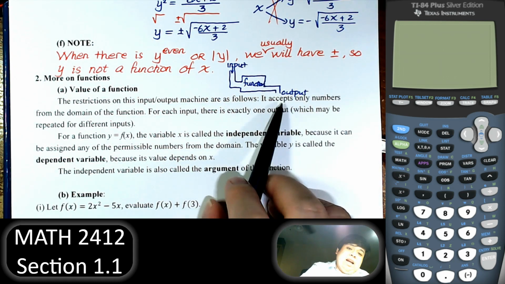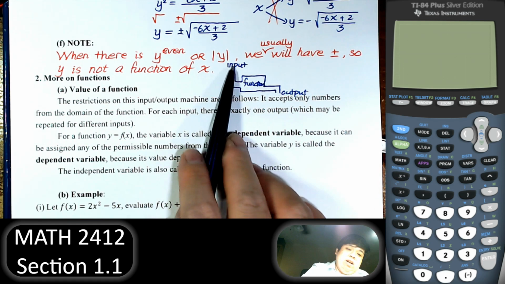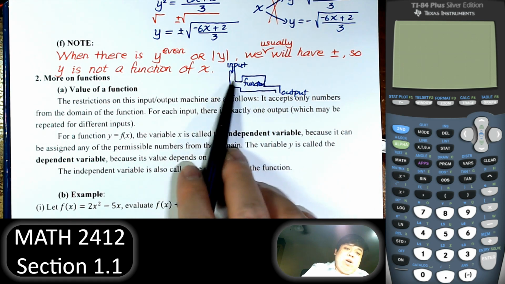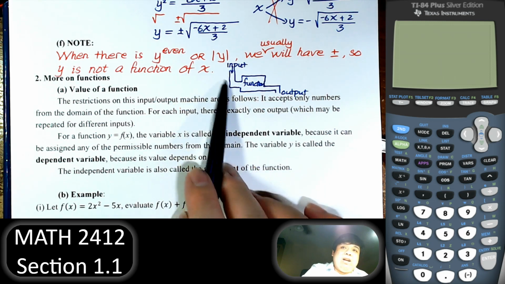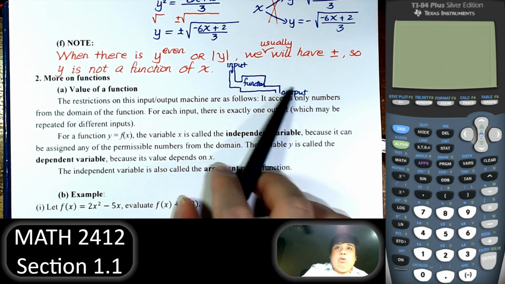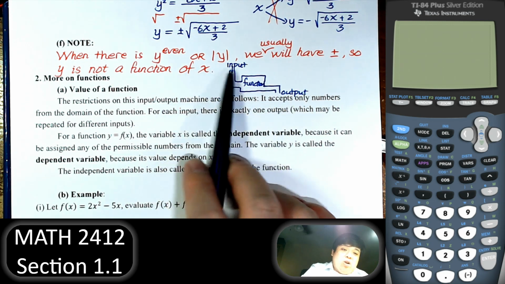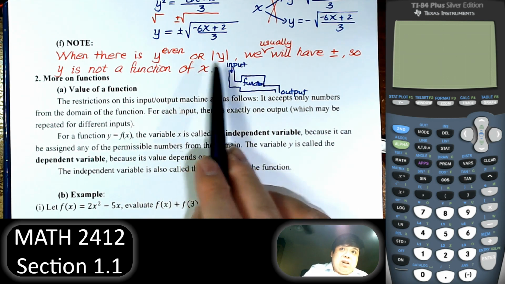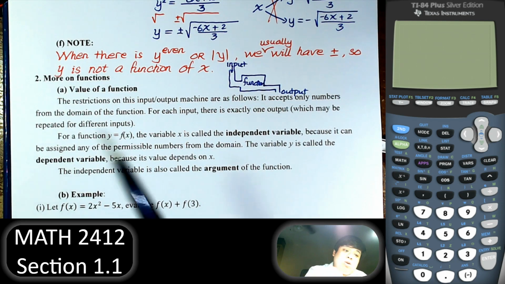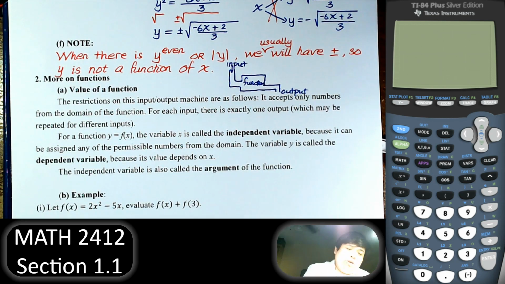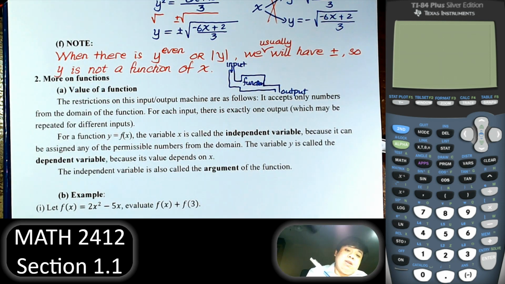So it accepts only numbers from the domain. From each input there's only one output. So if we have all the ingredients for one kind of cake put in the machine, it will give you that kind of cake; we cannot have the same ingredients give you a different kind of cake. That's not possible. So think of a function as being like that.